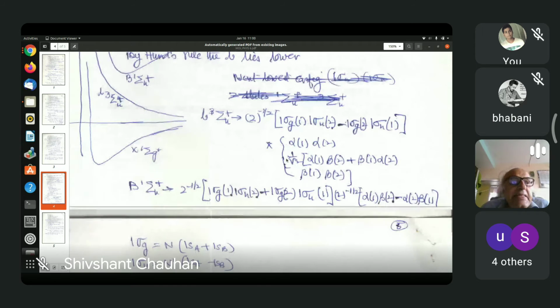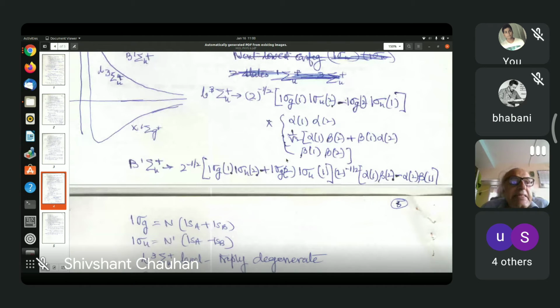X singlet sigma G plus is of course the lowest state. Above that lies b triplet sigma U plus, which is a repulsive potential curve. That means in the H2 molecule, the first excited state is repulsive, but the next excited state, the capital B singlet sigma U plus, that has a well.